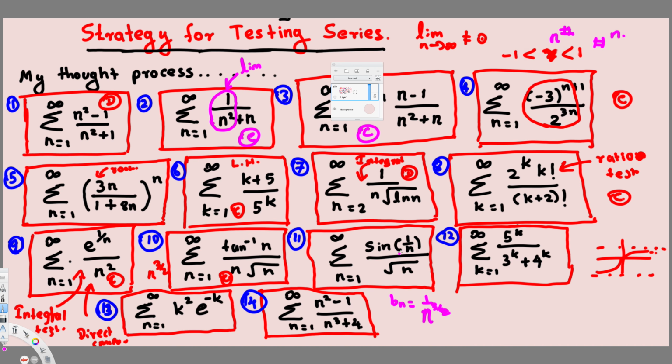If you try this one out, you will see there's a limit that says if you have a sine function and the same value in the denominator, the limit is going to be 1. So that's the approach for this one. We take direct comparison again, and if you try this one out, this is a convergent series.